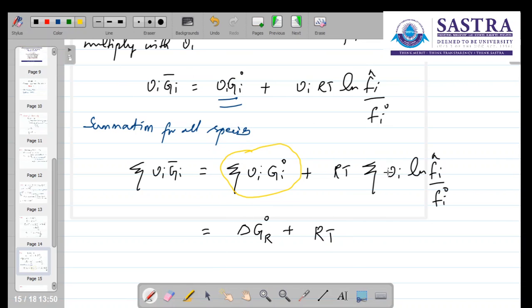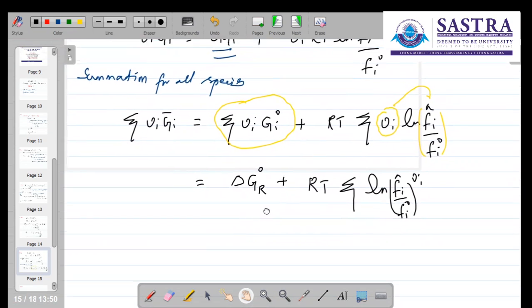The second simplification that we do is for the log. Now this term will go as a power for this entire term, because you can just transform by using the principles of logarithm and indices. So this will become ln of fi cap by fi naught, and this whole raised to the stoichiometric coefficient.